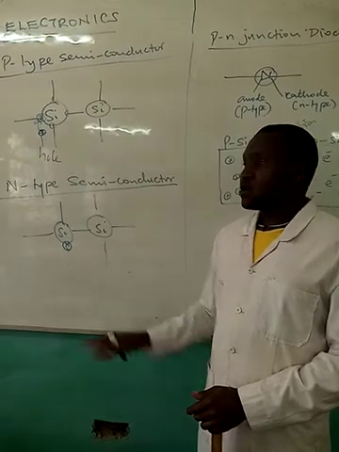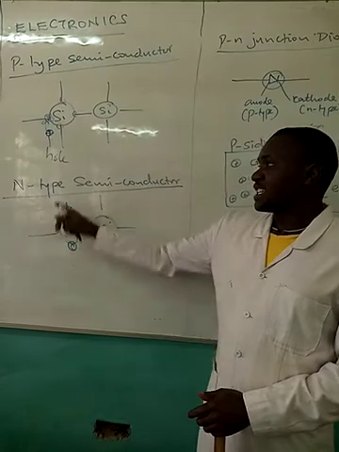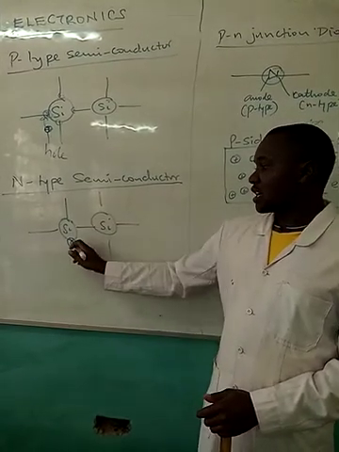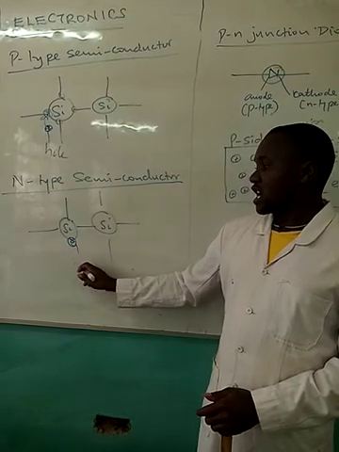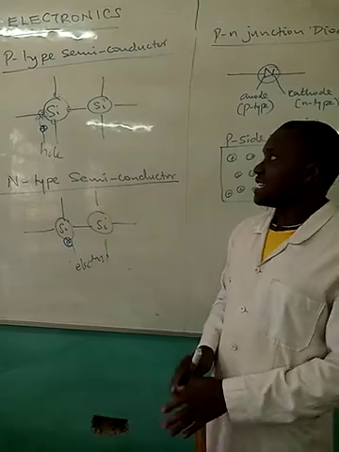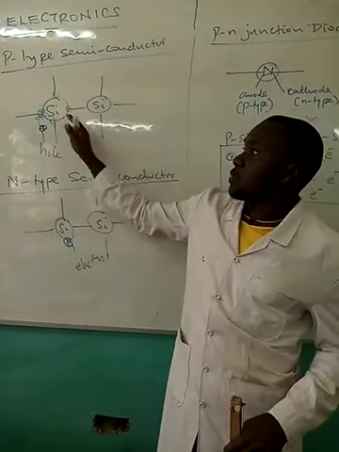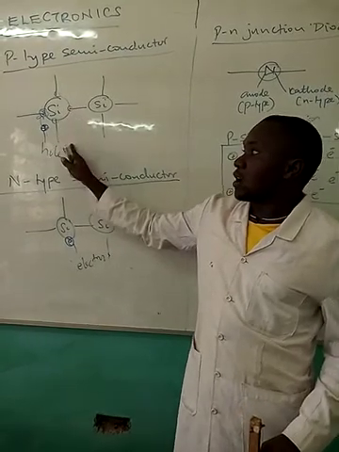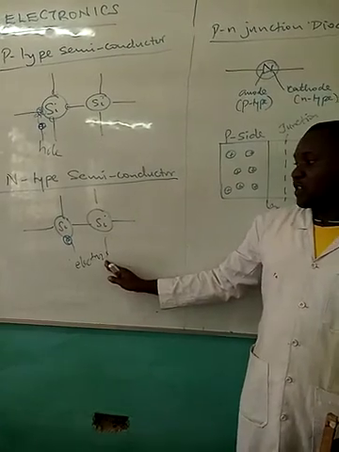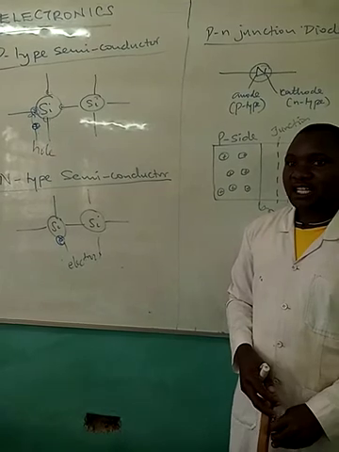The extra electron will now be the one responsible for electrical conductivity in the N-type semiconductor. So we have electron as the majority charge carrier in an N-type semiconductor. We are seeing the differences between the two types of semiconductors. P-type we dope with a group 3 and hole is the majority charge carrier. N-type we dope with a group 5 and electron becomes the majority charge carrier.